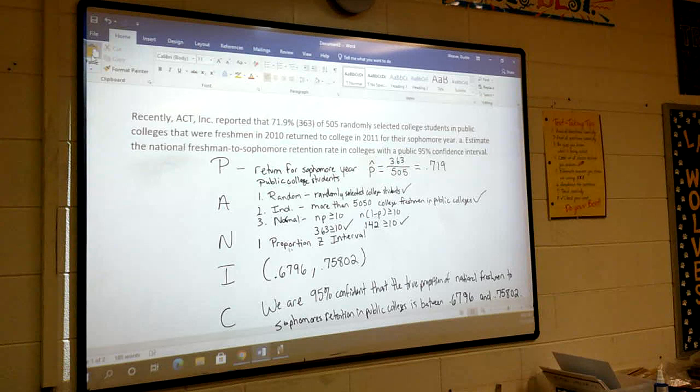So that tells us we got about 72% retention rate in our sample, but we're 95% confident that the true retention rate is somewhere between 68 and 76, which means we have a little bit of margin of error because we're never going to be completely exactly correct. It could be a little bit off one way or the other.